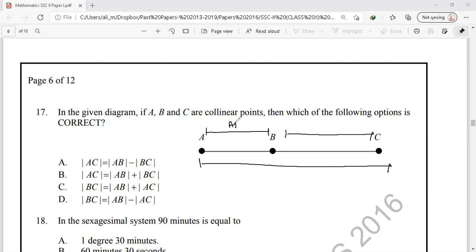This distance is AB, this is BC, and this distance is AC. So the sum of AB plus BC would be equal to AC. So the correct answer for this question is option B, that the distance between points A and C is equal to the sum of the distances AB and BC.